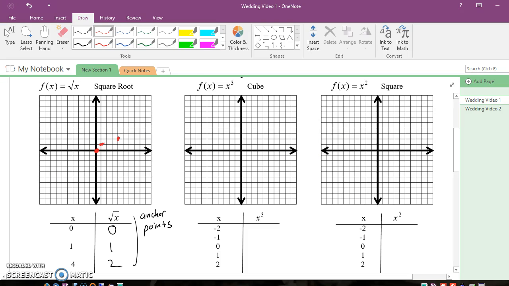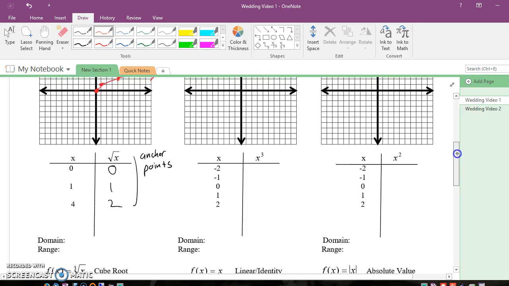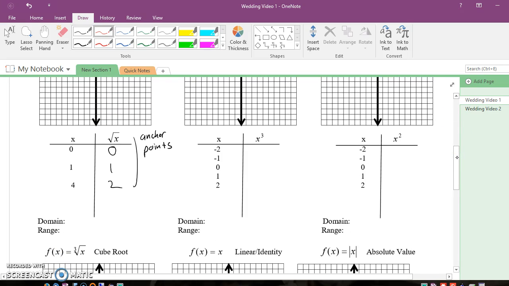So if I very carefully, there we go. That's the graph of square root. These are the anchor points.